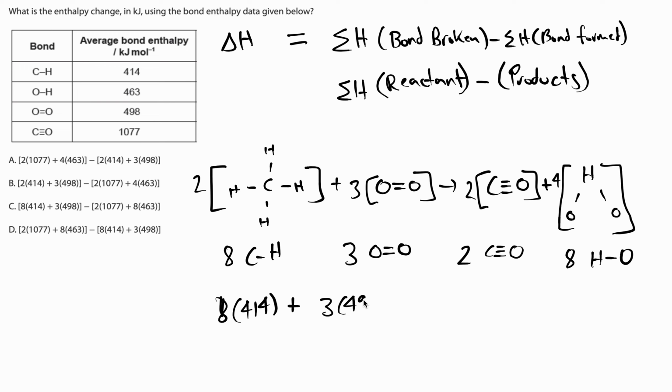I need to write it properly. This is one bracket minus the products, which is 2 times C triple bond O, 2 times 1077, plus 8 times OH, which is right here, 463.